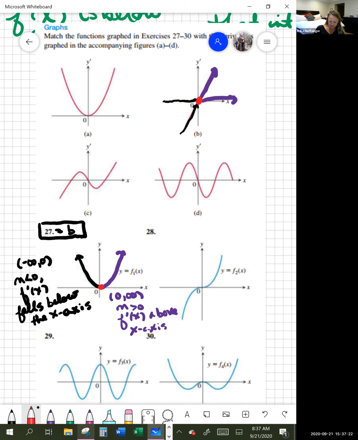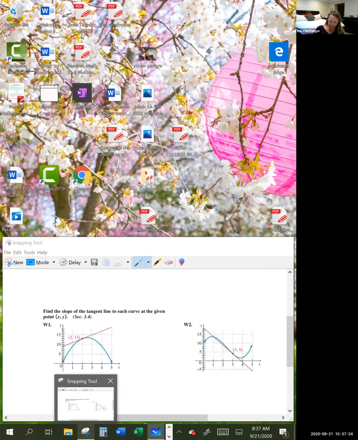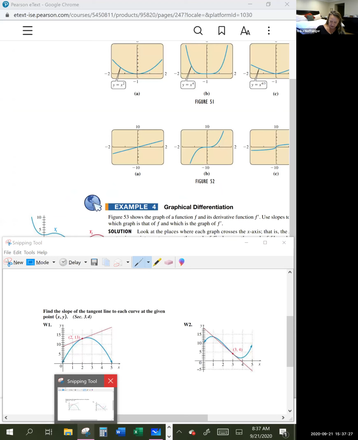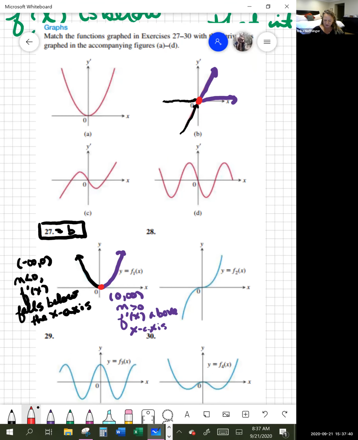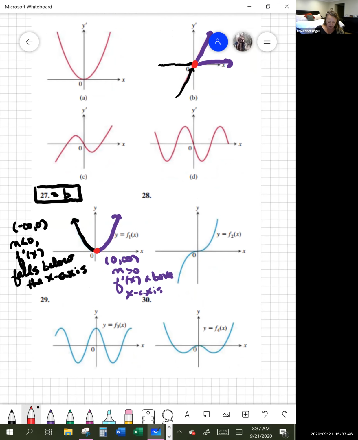Okay, so if we jump to number 28, please don't do that. Notice that this graph 28, it's pretty much strictly increasing everywhere, right? So we're increasing, increasing, increasing, increasing. We might level out a little bit. And then we're increasing, increasing, increasing.